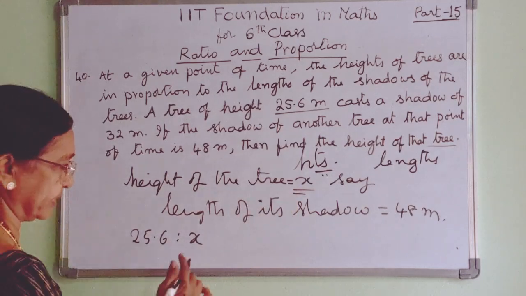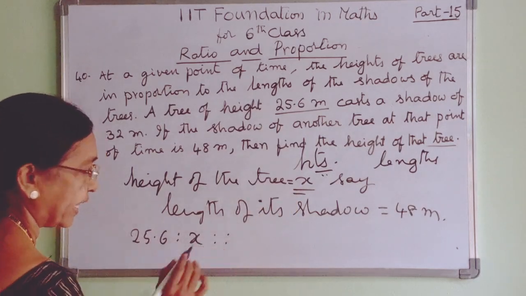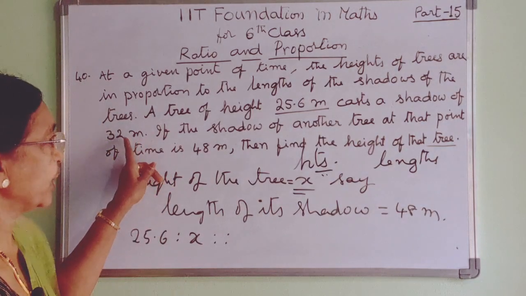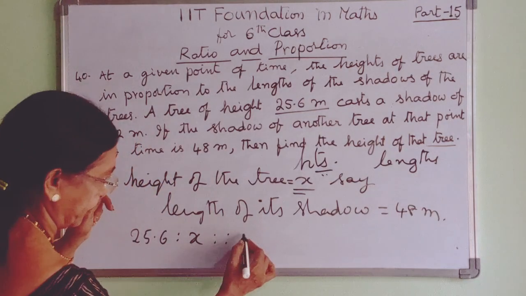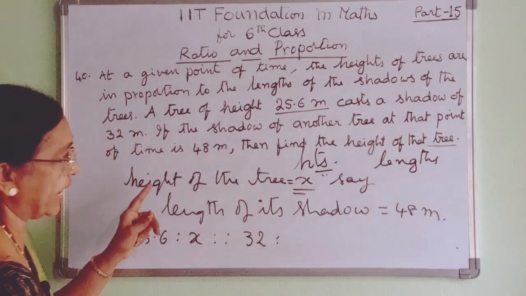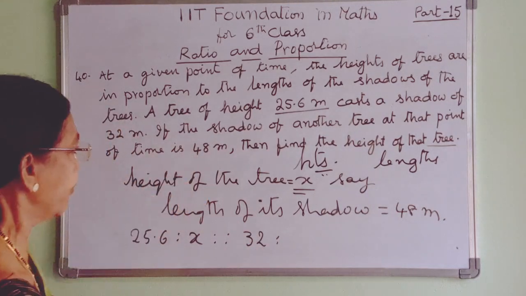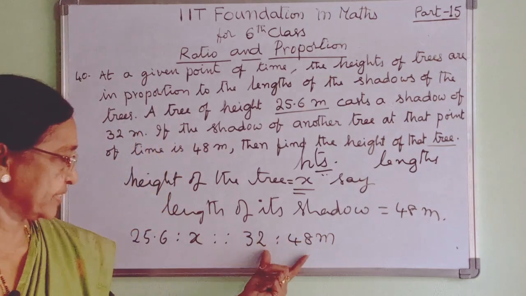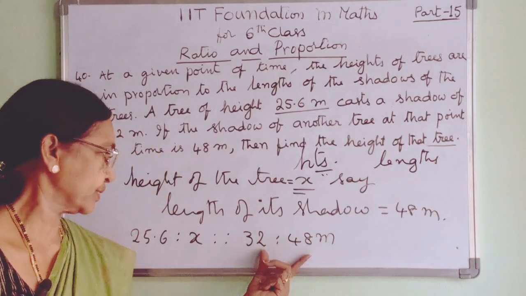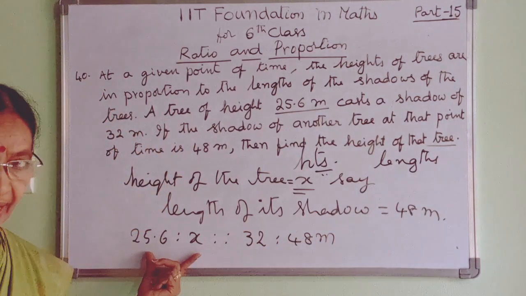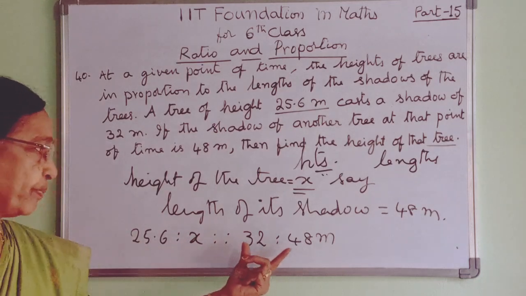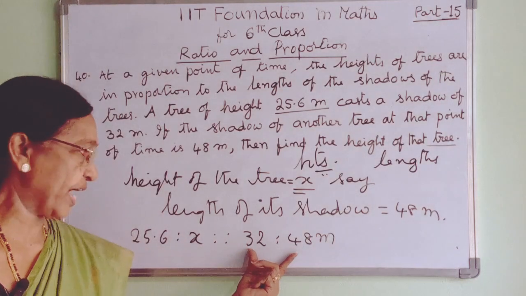The height of the second tree is in the same ratio as the lengths of the shadows. The shadow of the first tree is 32 meters and the shadow of the second tree is 48 meters. So this is the ratio of their shadows and this is the ratio of their heights. The ratio of the heights is in proportion to the ratio of shadows.